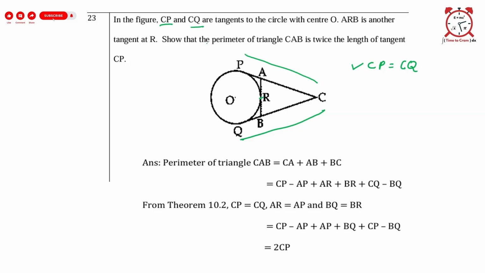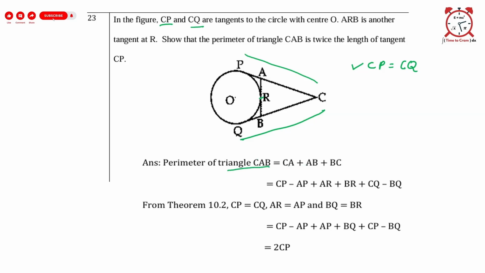So we have to prove that the perimeter of triangle CAB is twice the length of tangent CP, means double of CP. First of all we will write the triangle perimeter formula. It is a very simple formula, nothing specific.